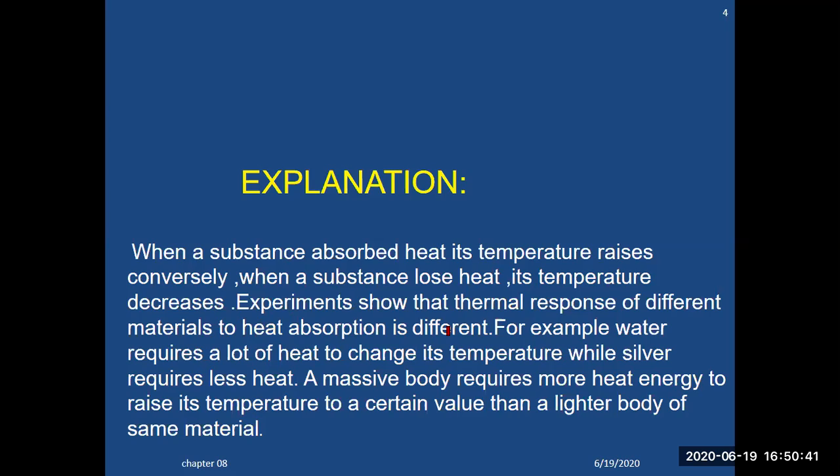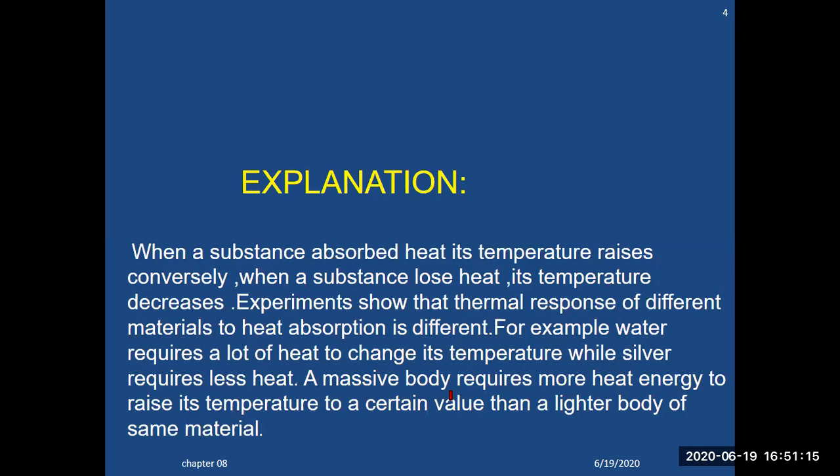So this is the main point to remember. Different types of material show different behaviors in increasing their temperature. For example, water requires a lot of heat to raise its temperature by 1 Kelvin, but silver requires less heat to increase the temperature because it's a metal, and water is a poor conductor of heat.